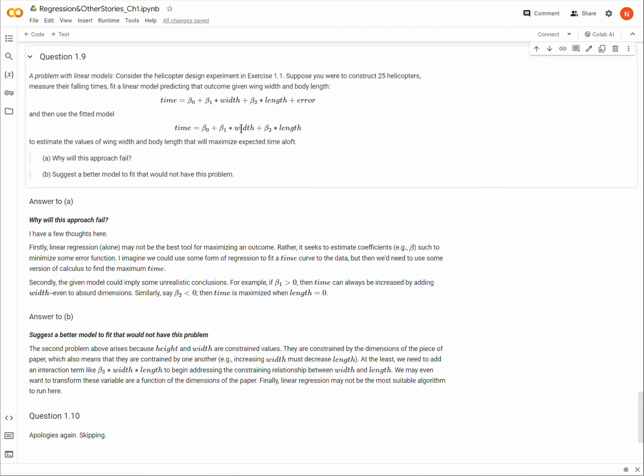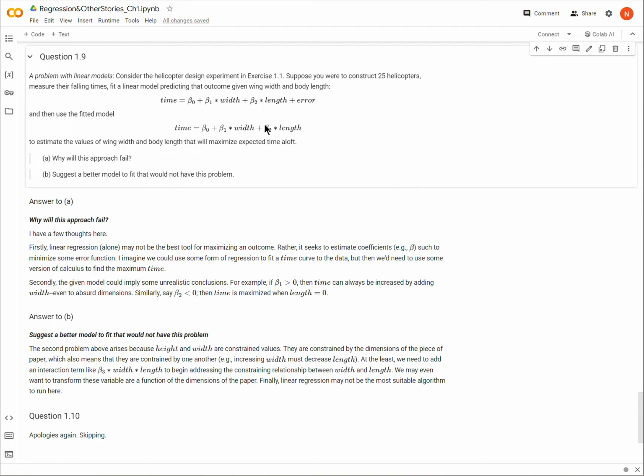And so there's only a finite width that they can achieve, or a finite length that they can achieve, and they're further constrained because there's a relationship between width and length. In other words, the more paper I'm using to increase the width of the paper, I have less paper for the length of the body, and vice versa. Okay, so this regression doesn't pick up on those constraints.